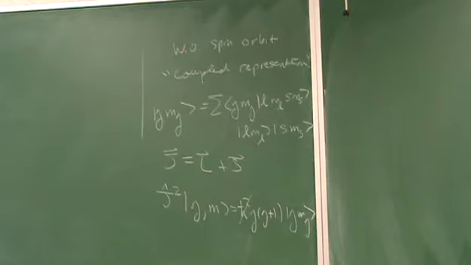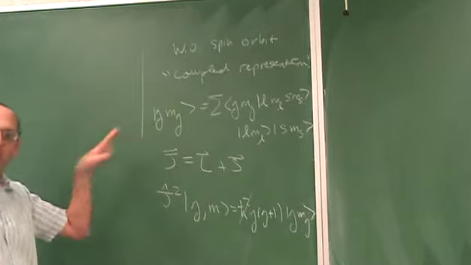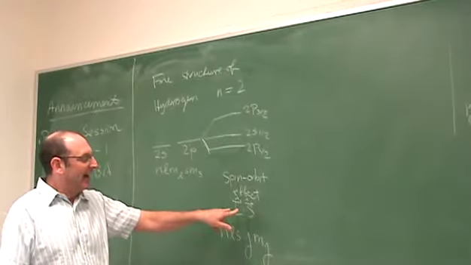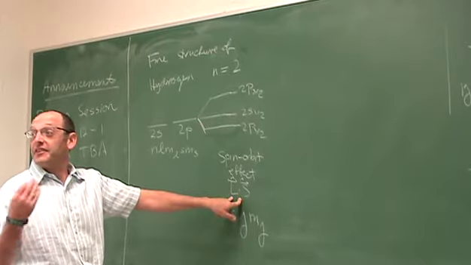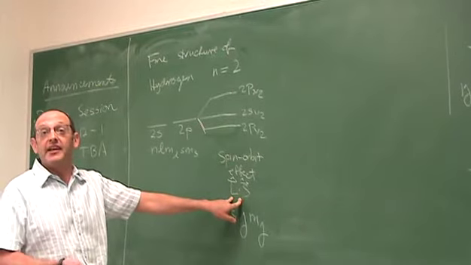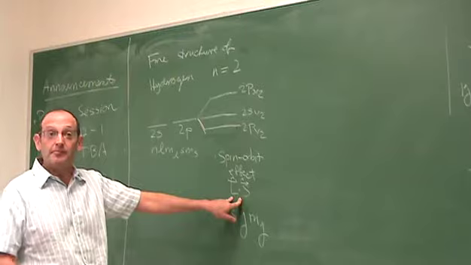So we were able to just diagonalize the spin-orbit interaction by recognizing that this operator is a simultaneous eigenstate of this operator associated with coupled angular momentum.